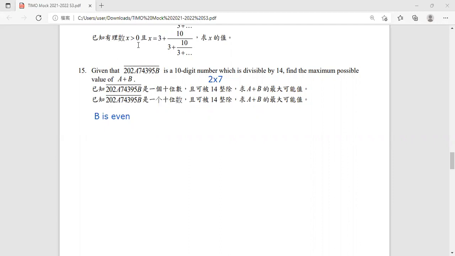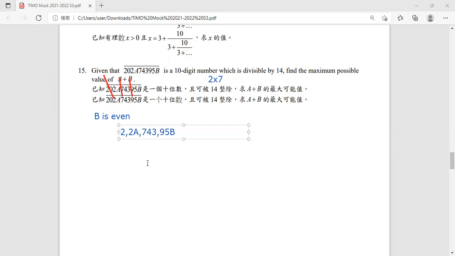If you forgot, then I will start with this one. What you have to do is chunk the number into groups of 3 digits from the right-hand side. So you have 2, 2A, 743, and 950B.